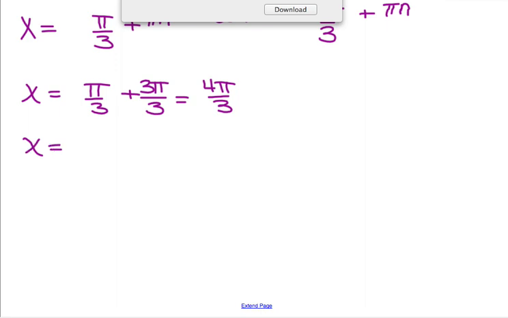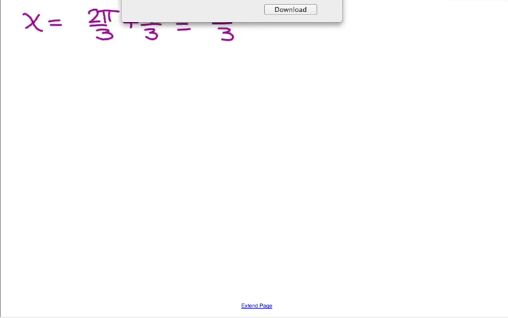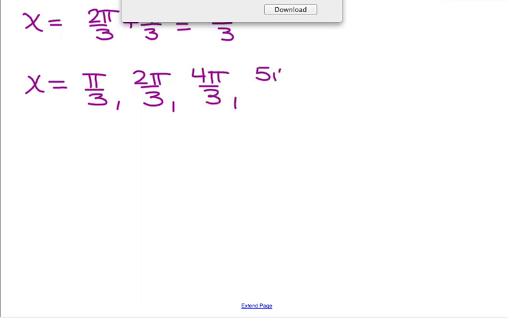And then we had that 2 pi over 3 plus pi, change it to 3 over 3, and we get 5 pi over 3. So if we want all of the solutions from 0 to 2 pi, it would be pi over 3, 2 pi over 3, 4 pi over 3, and 5 pi over 3.